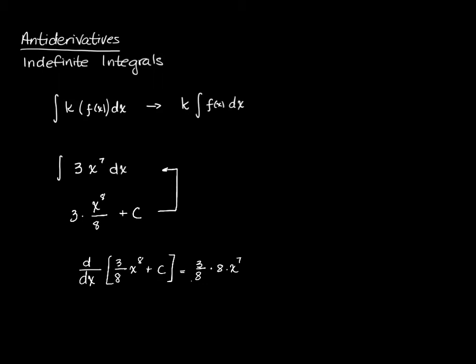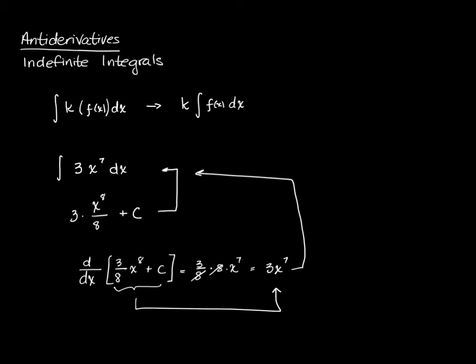The 8's cancel, and I'm left with 3x to the 7th, which is in fact the function in the integrand. So, since the derivative of 3/8 x to the 8th is 3x to the 7th, the antiderivative of 3x to the 7th is 3/8 x to the 8th.